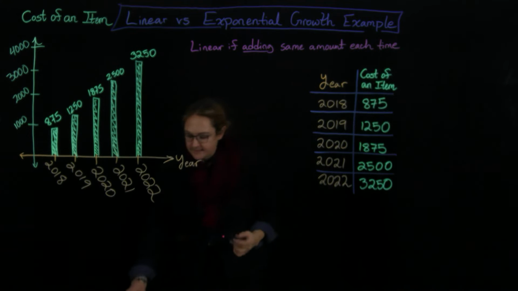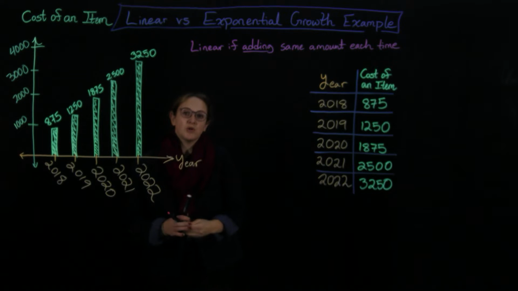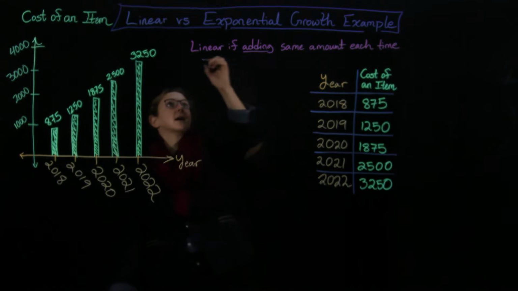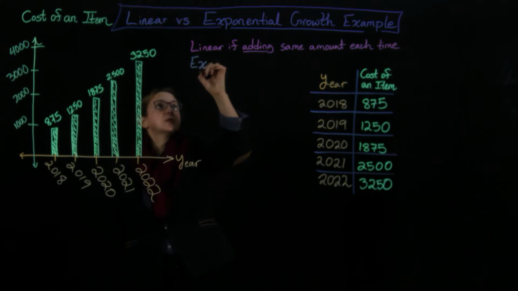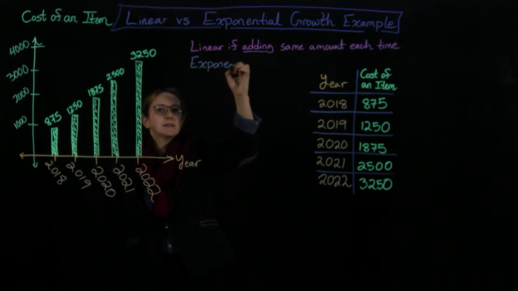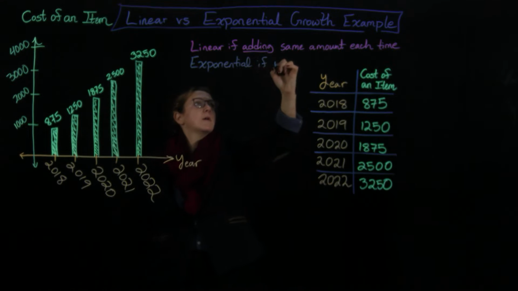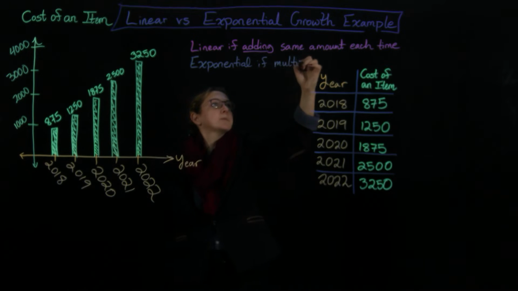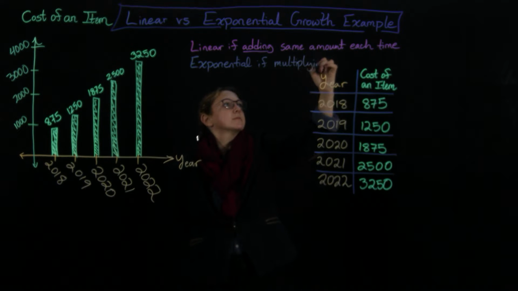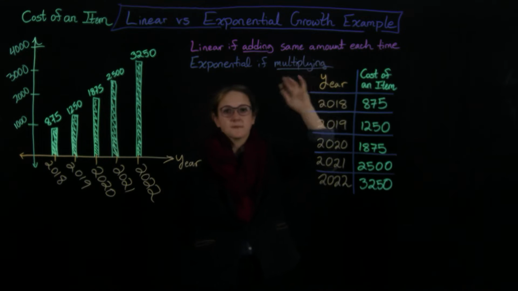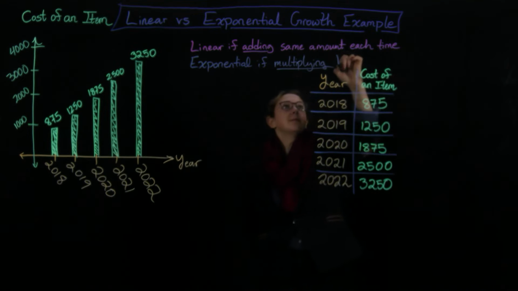And then it's going to be exponential if we're multiplying by the same amount each time. We'll test this by multiplying by the same amount each time.